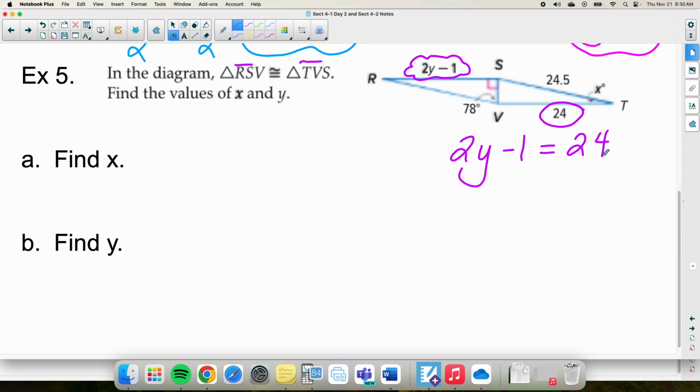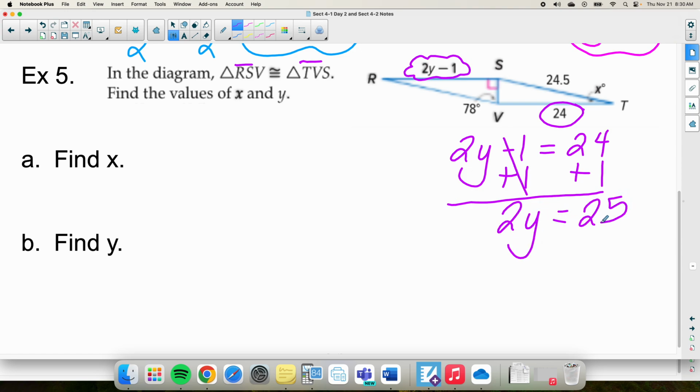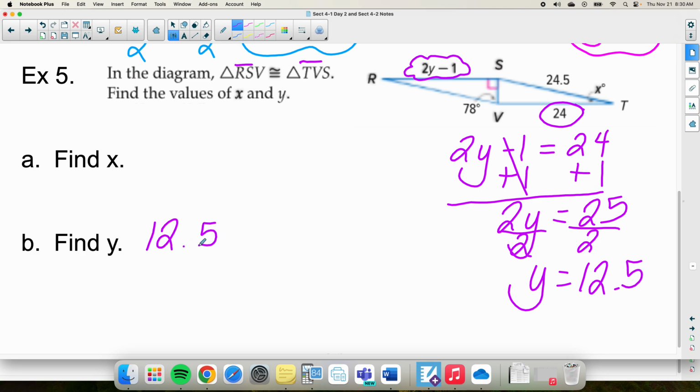Okay, and then solve that. So I'm going to add 1, and I'd get 2y equals 25, divide by 2, and y is 12.5. Okay, so 12.5 is our y.